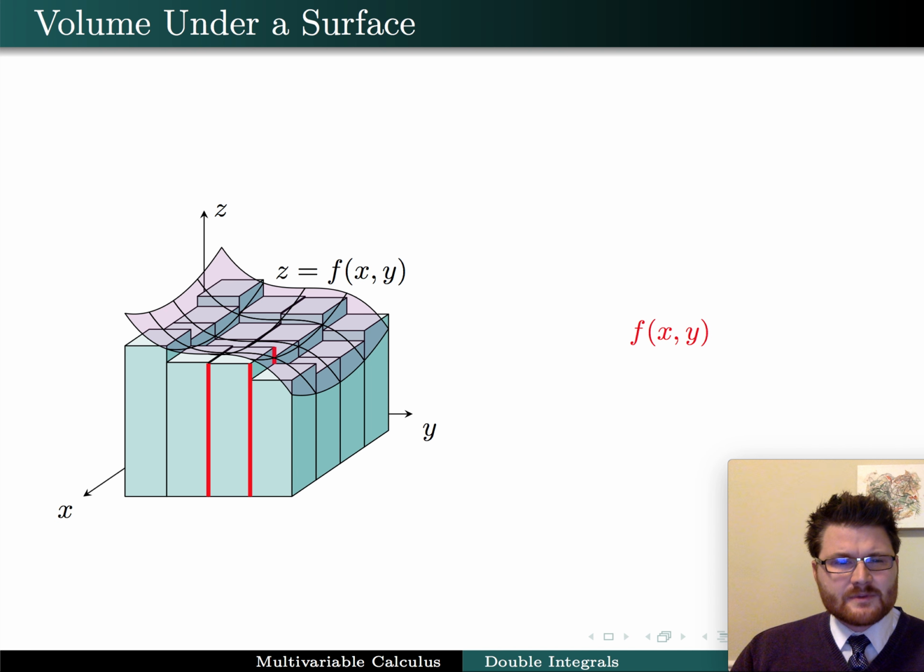we can use double integrals to find this volume. The value of the function gives me the height of one of these rectangular prisms. We can use some sliver of the x-axis to get, say, their length, and some sliver of the y-axis to give me their width. So the volume of one of those rectangular prisms is the product of those three things. We just need to add up the volumes of all the different rectangular prisms, and of course we'll shrink this down to infinitesimal changes in x and y to get this exact.